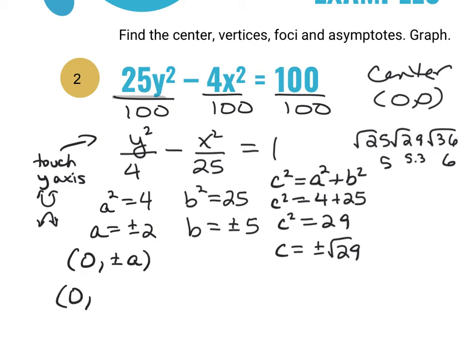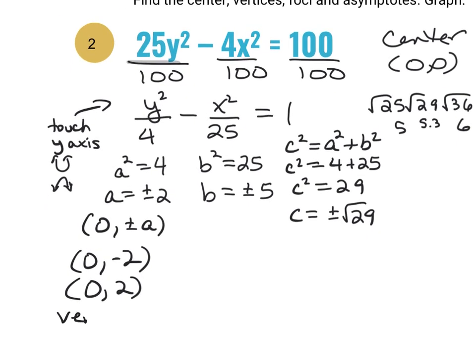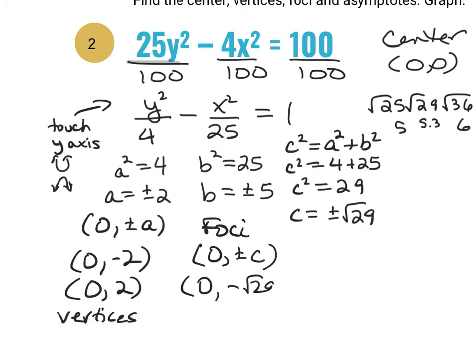So 0 minus 2, 0 plus 2, or positive 2. These are the vertices. For the foci, we're using the c value. So 0 plus and minus c. So 0, comma, negative root 29 and 0, comma, positive root 29.